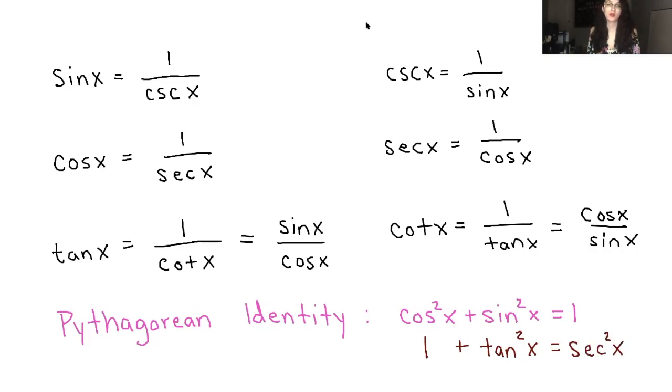And also, if we want to look at when we divide the original Pythagorean identity by sine squared, we get cosine squared over sine squared, which is going to be cotangent squared, plus sine squared divided by sine squared is going to be 1, equals, and then 1 divided by sine squared is going to be cosecant squared.